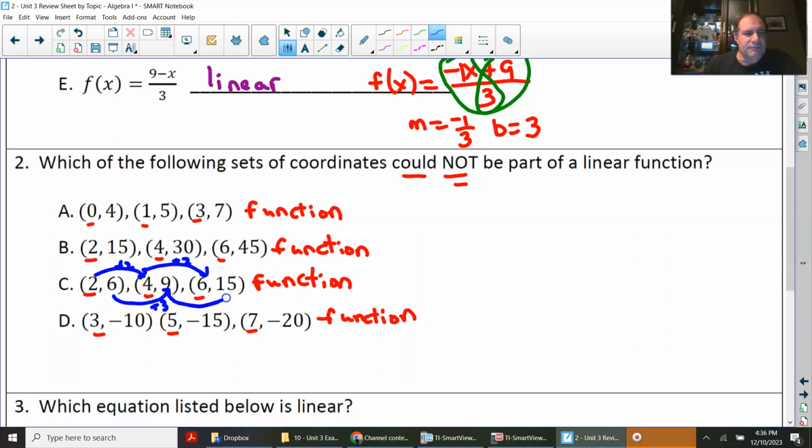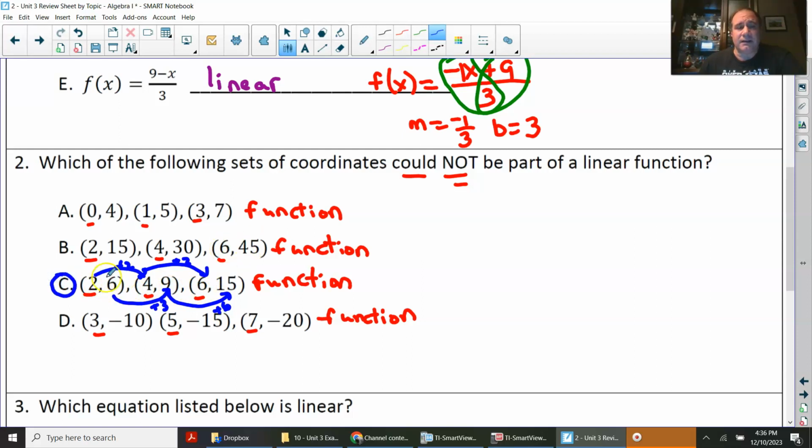And then this one, while the x just continues to increase by 2, do you see that this y goes from 9 to 15? I just picked this one. I didn't know the answer, but this one would be an increase of 6.